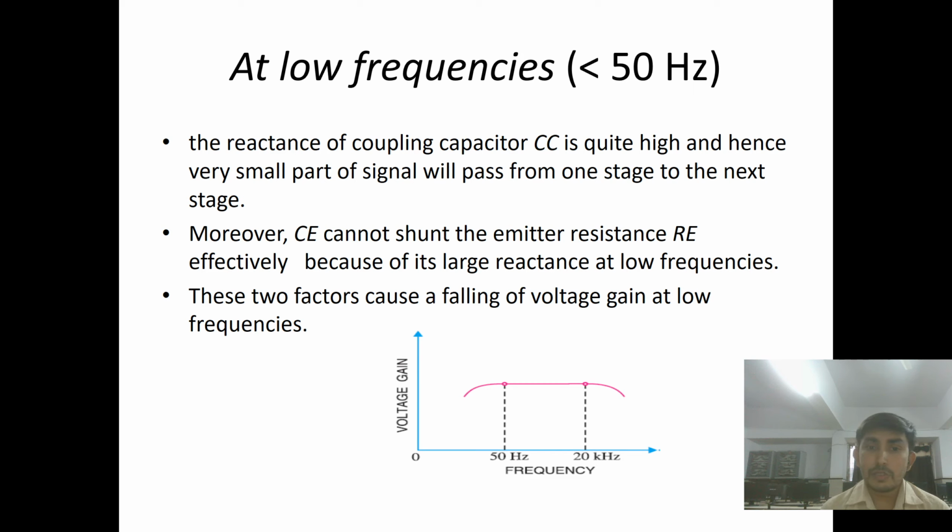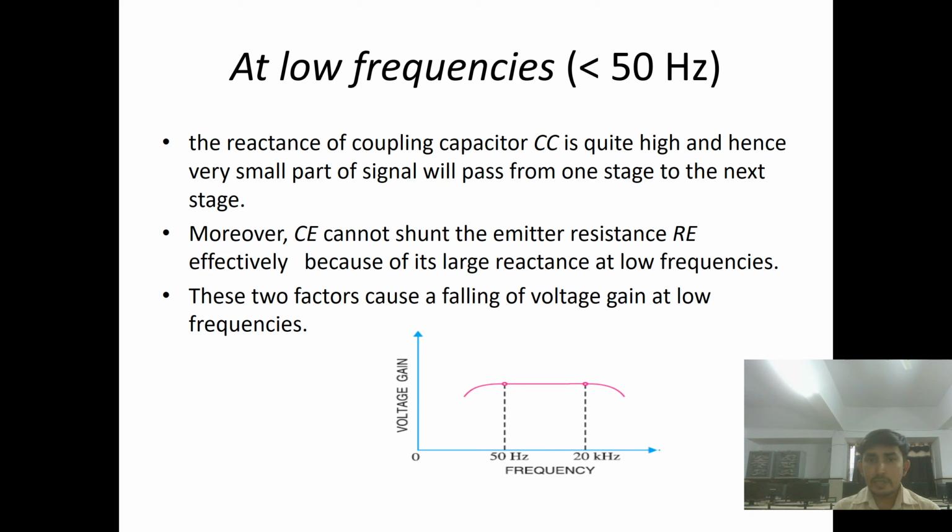It cannot shunt the emitter resistance, because of its large reactance at low frequency. So these are the two factors responsible for the voltage gain being low at low frequency.